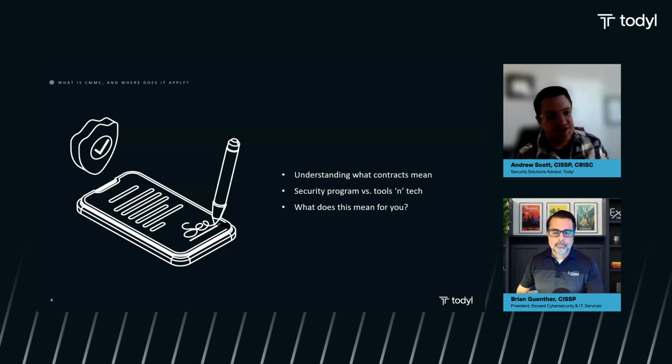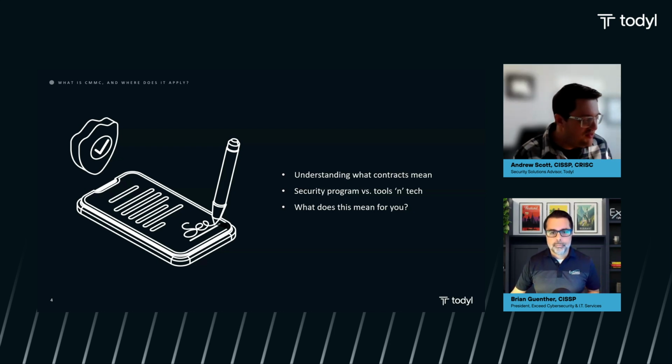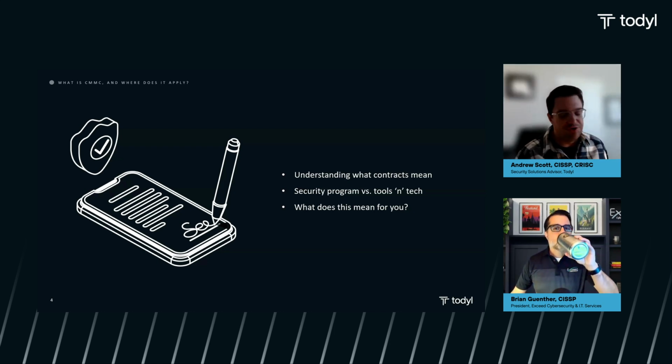100%. And speaking of safeguards, one thing that I think is really important for folks on the line to be mindful of, and one of the challenges these contractors are facing, is the need for a more robust security program to protect the information, whether it's FCI or CUI, versus simply saying, hey, I've deployed some tools and technology and I'm good to go.